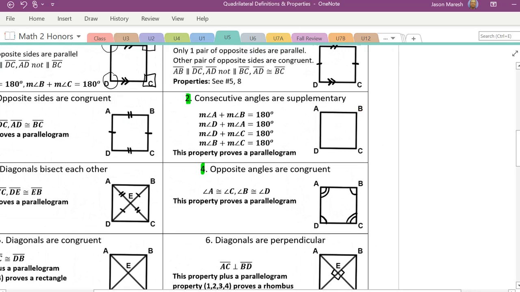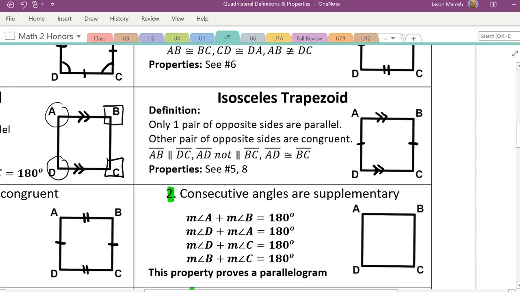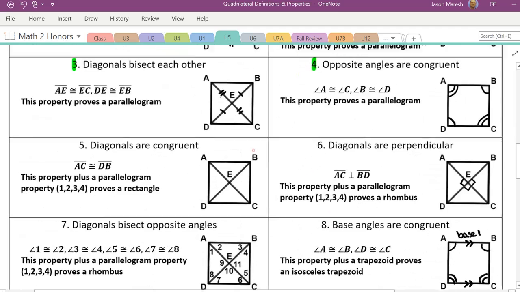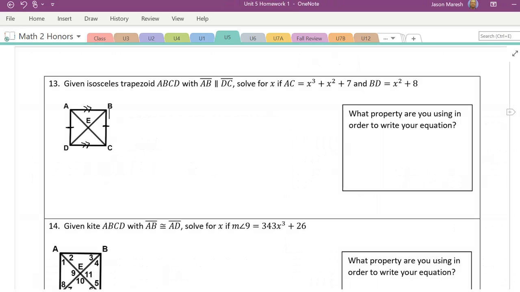So the isosceles trapezoid right here has properties 5 and 8, and if I look at property 5, it's about the diagonals, which says that the diagonals are congruent. So that's a property of our isosceles trapezoid, and that's what we're going to use. So diagonals are congruent. Remember, that's also a property of rectangles.